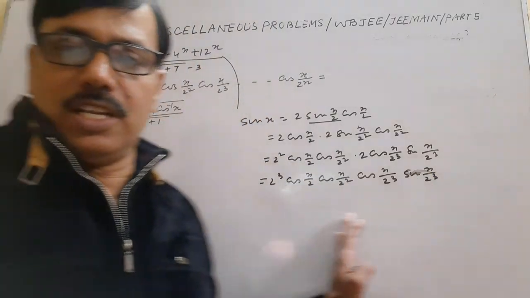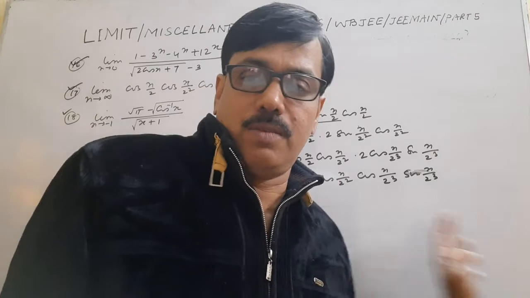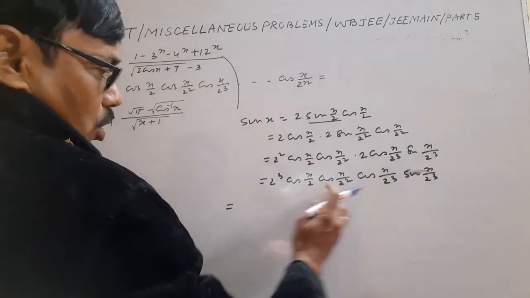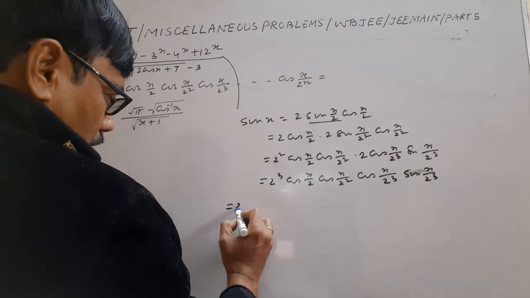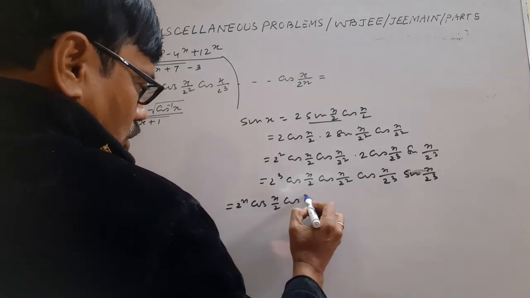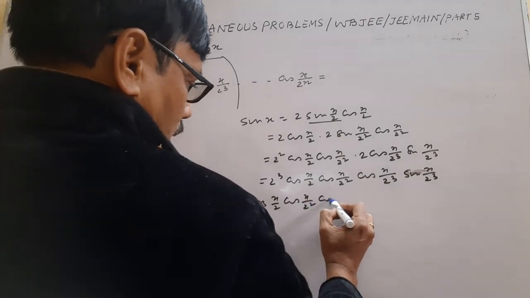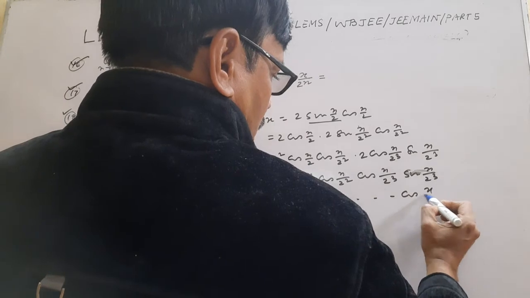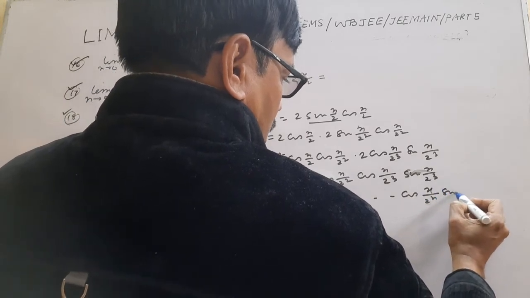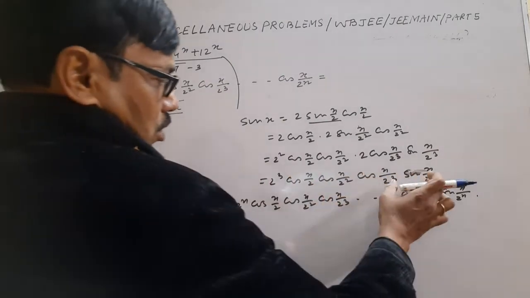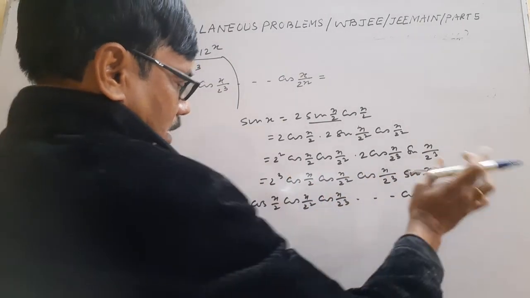Proceeding in this way, if we expand the sine factor, finally we get sin x equals 2 to the power n, cos(x/2) cos(x/2 squared) cos(x/2 cubed) up to cos(x/2 to the power n), times sin(x/2 to the power n). For 3, look, the argument is the same.